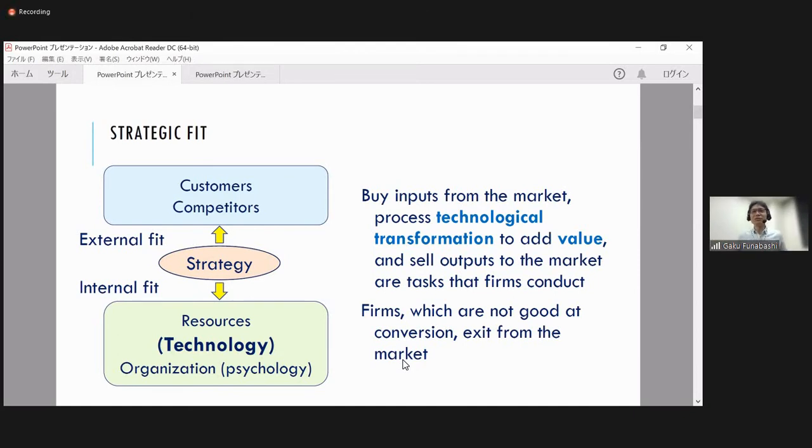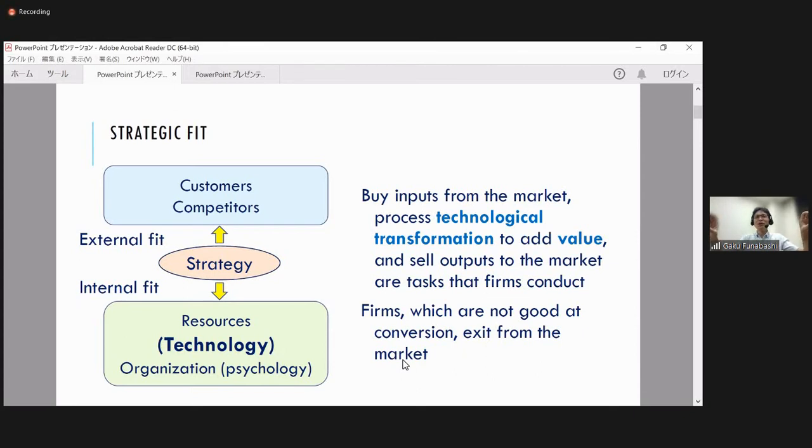So in the case of the banking sector, input is money, output is money. But it's a different kind of money. Maybe they collect the money through savings in bank accounts from the people. Output, for example, is the loan for the businesses. So it's money, but it's a different kind of money.